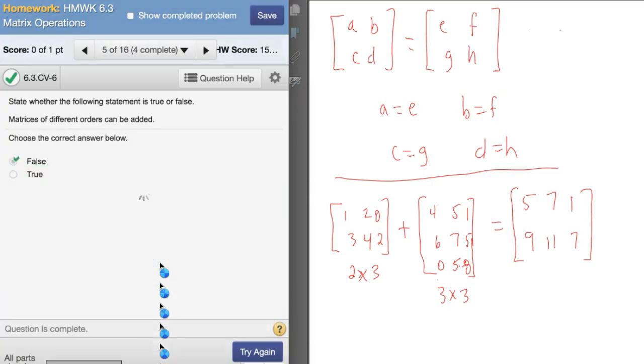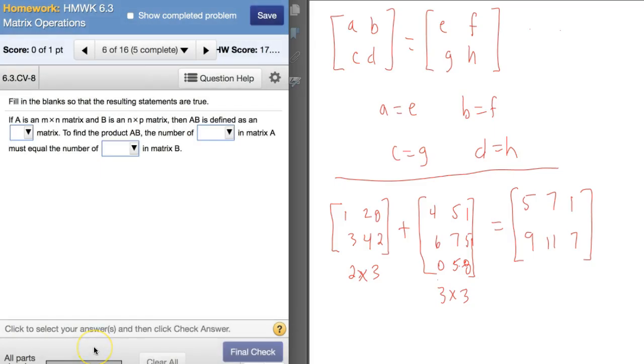All right, moving on to the next question. This question says, if A is an M by N matrix and B is an N by P matrix, then when we multiply matrix AB, it is defined as a, and then we have to pick the dimensions of that matrix.